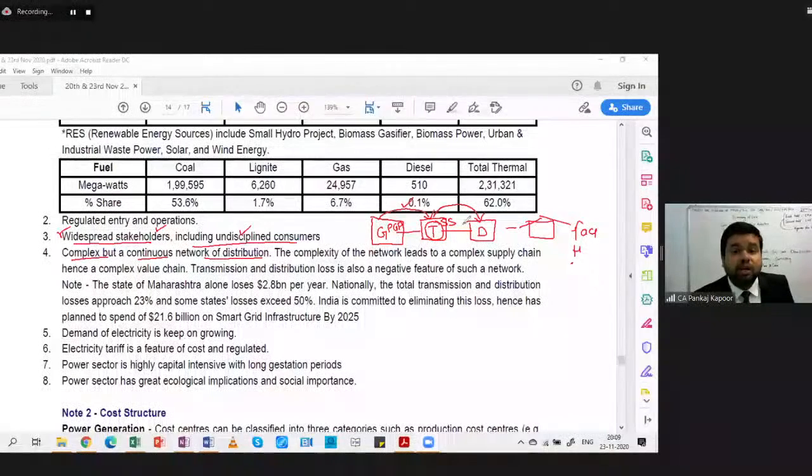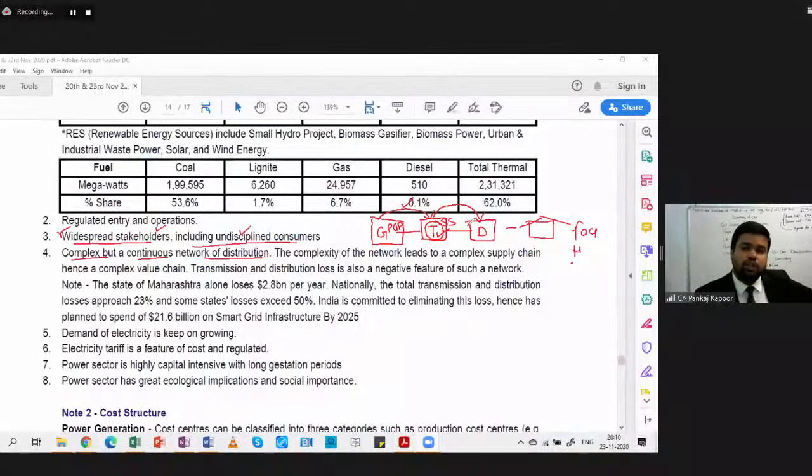So transformers are used. There are two sorts of transformers, step-up and step-down. Step-up transformers enhance the conveyance of the energy, the conveyance of the electrons, and step-down transformers reduce that. So the transmission company is responsible for all of this.